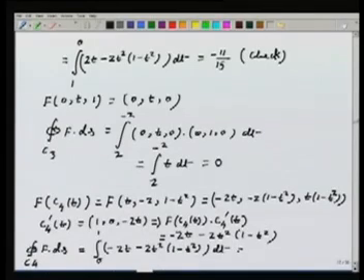This integral is also easy to calculate, and if you do this you will get that this is minus 19 by 15.